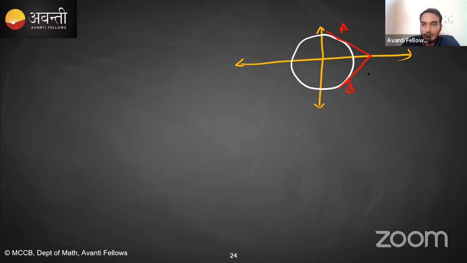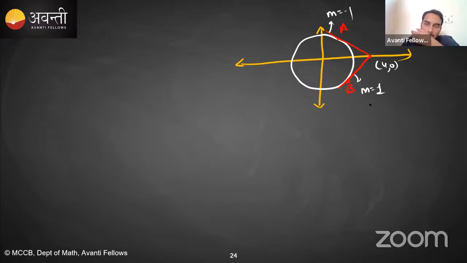So clearly you can say this line is making an obtuse angle, so this line will have slope minus 1, and this line is making an acute angle. Yes or no? So this line will have slope 1. Clear?